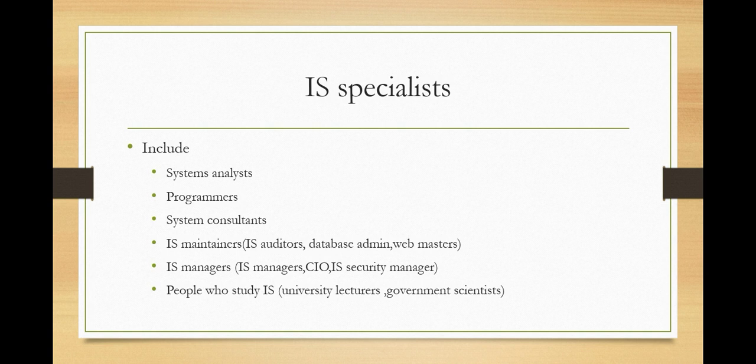We have information system security managers. These manage security measures and disaster recovery within an organization. We have the highest ranking of information system manager, that is called Chief Information Officer. This is responsible for strategic planning and IS use throughout the organization.